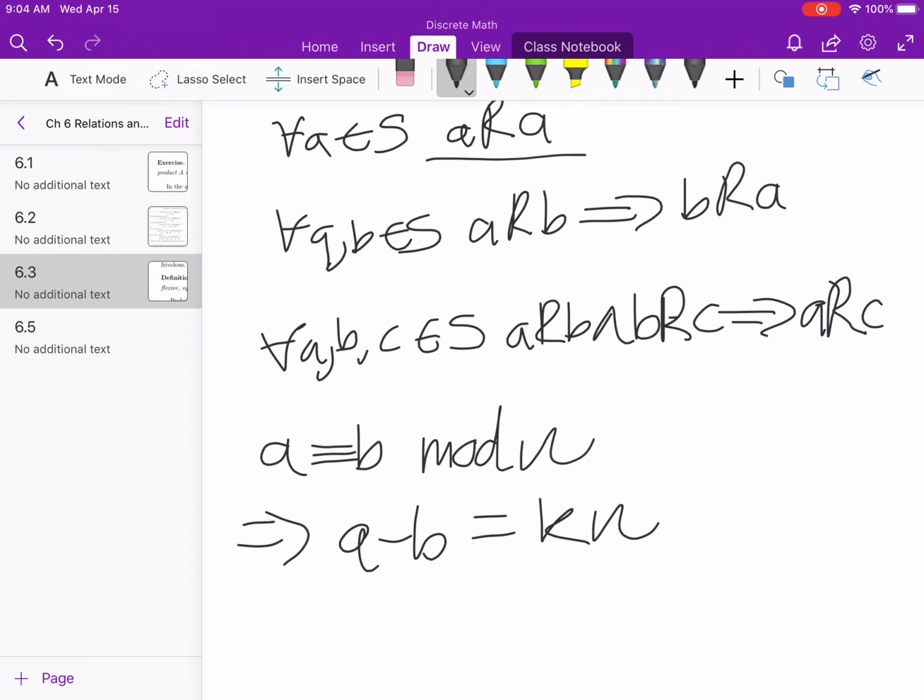Basically, there exists some integer k such that A minus B is equal to that integer times n.